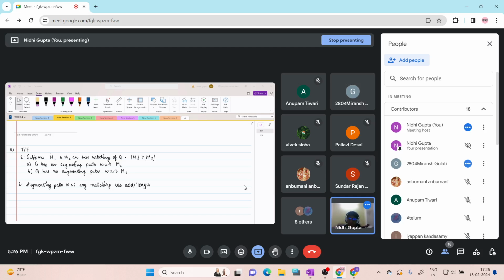I am saying that if M1 has an augmenting path, it means it is unmatched, matched, unmatched.